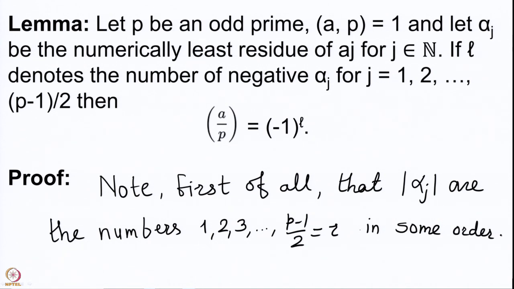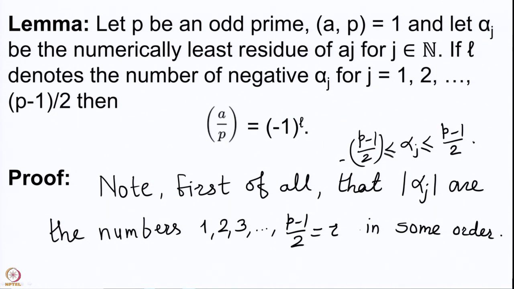Now, why should this be true? So, we note that because of the property on alpha j, we have minus (p minus 1) by 2 is less than or equal to alpha j is less than or equal to (p minus 1) by 2. This is the property on alpha j.